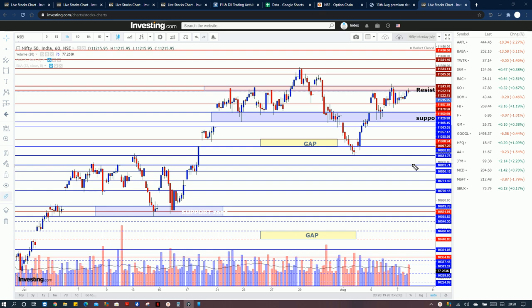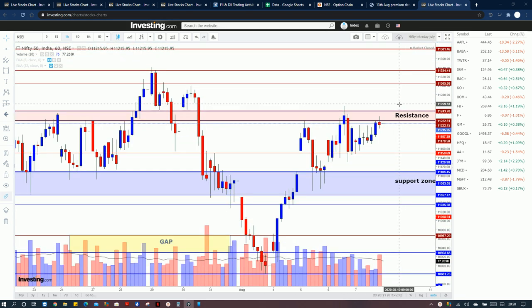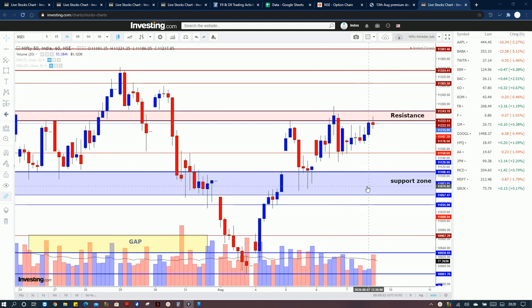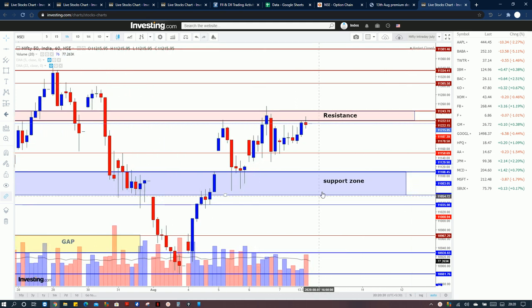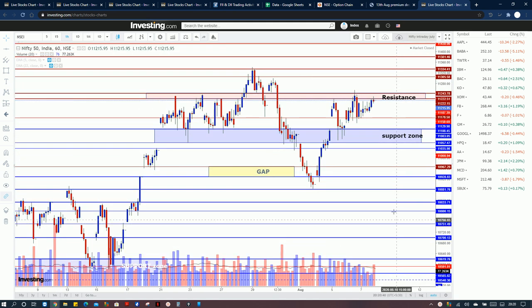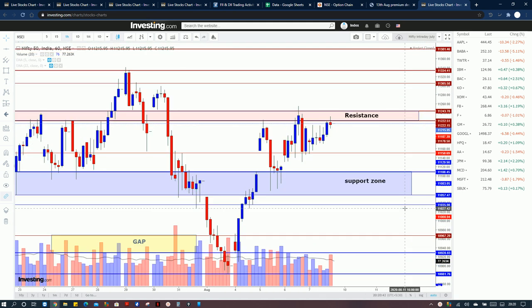So what are the levels we need to watch out for this week? This 11,108 above, and below is a strong support zone right now. So anything below this 11,100 will act as a support. If 11,057 or 11,035 is broken, then we can say that there is much downside. Otherwise, till that time, if it is holding this level, then we can say that upside is visible.